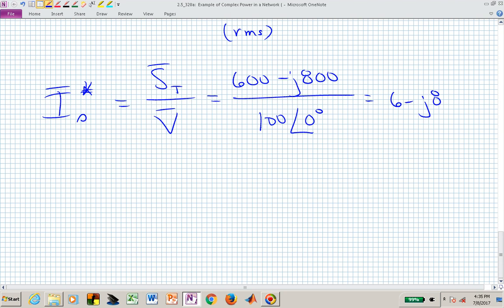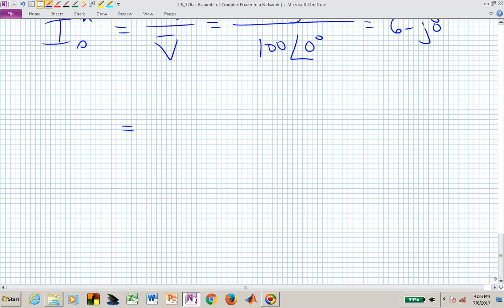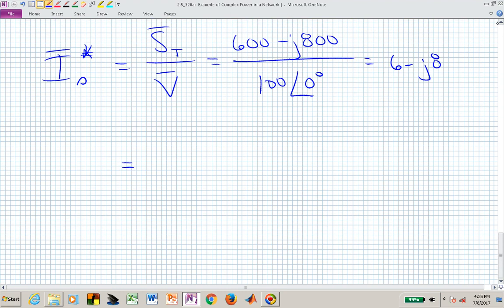Or we could convert that numerator, the total complex power, into a polar form representation. We have 600 this way, and we have 800 for the reactive power down, and we are looking for the length of that hypotenuse and this angle theta.